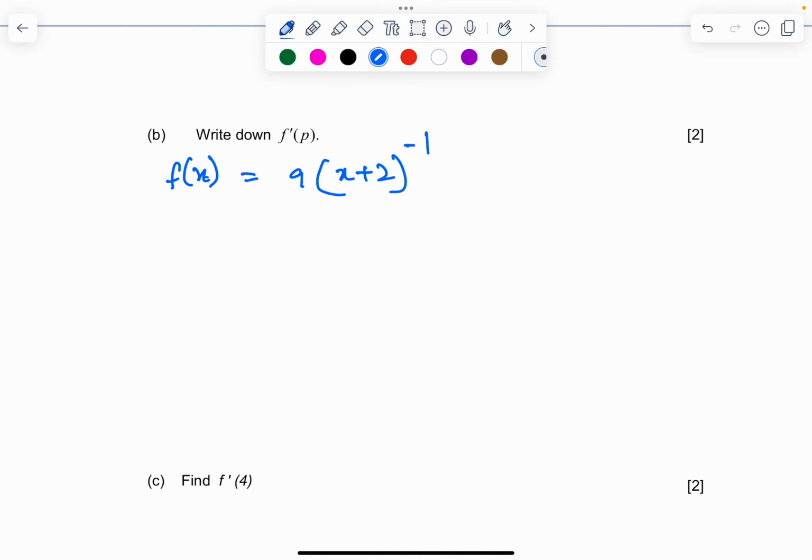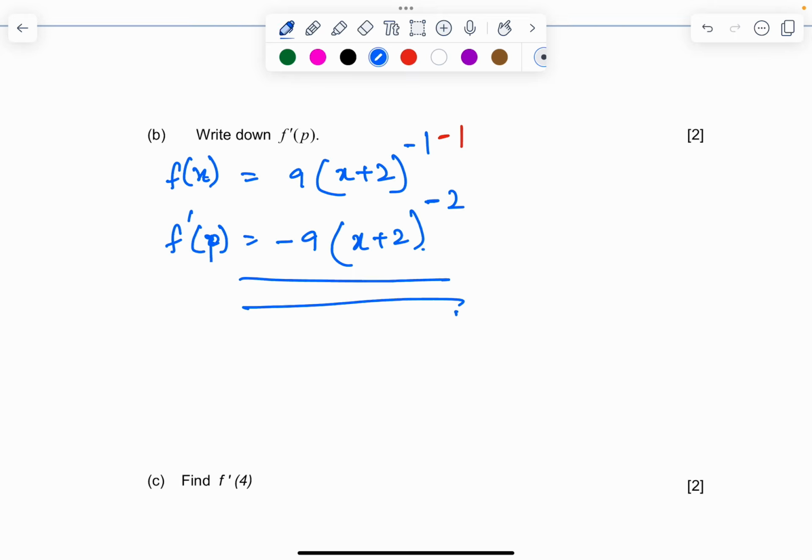So the power comes down. So negative 9, then x plus 2 to the power, again minus 1, always minus 1. So it is negative 2. So this is the f prime x.